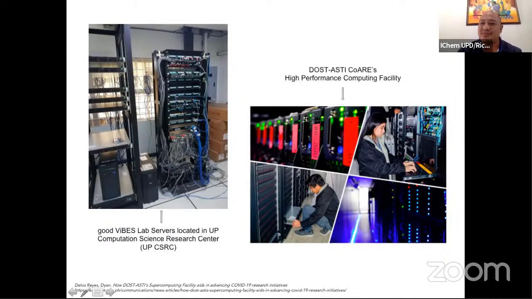So kung mabagal to, mabagal din ang experiment mo. Kung luma na yung computer mo, baka abutin ka ng siyam-siyam. So mahirap talaga kung wala to. And I think one of the priority agenda to ng DOST, since DOST wants machine learning as well as artificial intelligence.